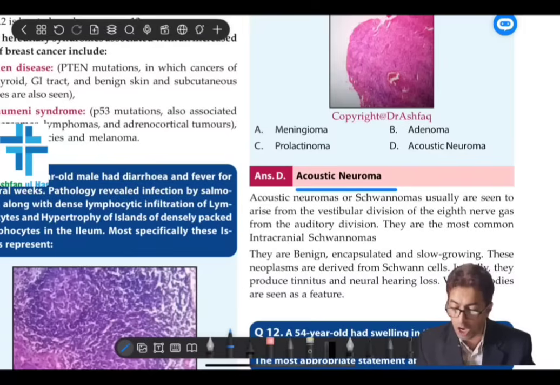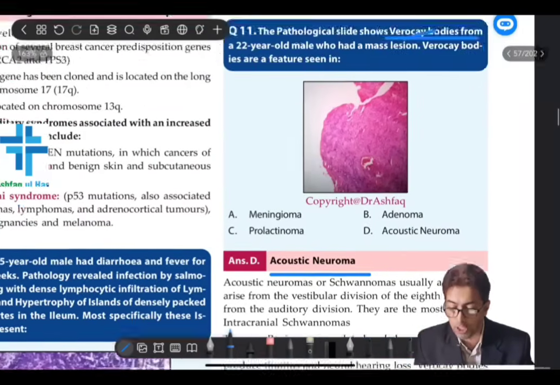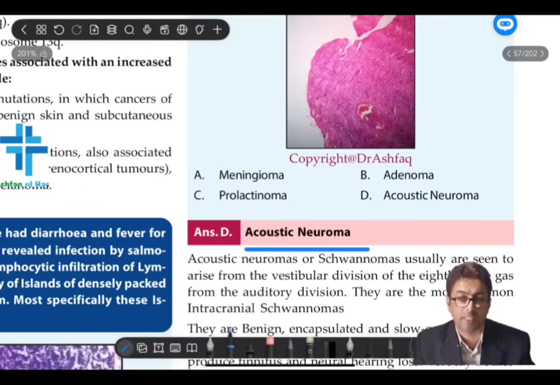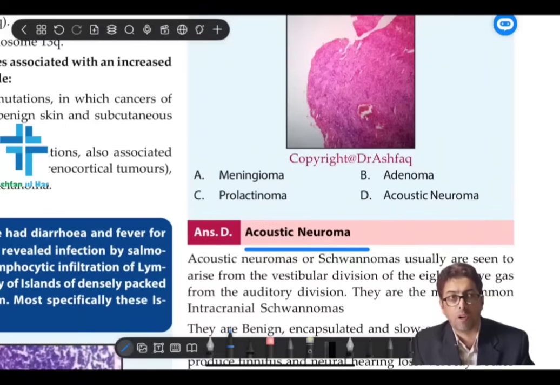And schwannomas are usually characterized by being benign, encapsulated, and slow-growing tumors. You have to remember the pathological feature of the Verocay bodies. Sometimes the characteristic features are asked, and the classical feature of acoustic neuroma or schwannoma is the Verocay bodies.